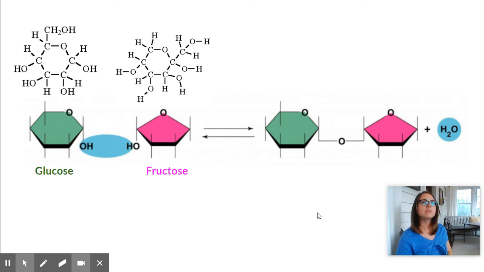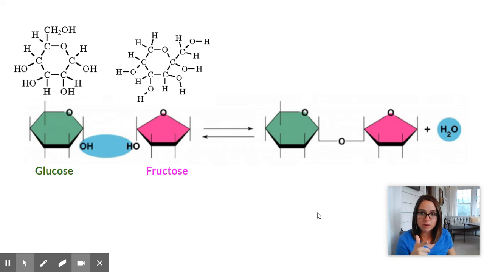Okay, gross. But before, when I told you that these pictures were simplified versions of the actual structure of the molecule, this is what it actually looks like. If I wrote out all of the C's and H's and O's of glucose, C6H12O6, this is what it would look like.